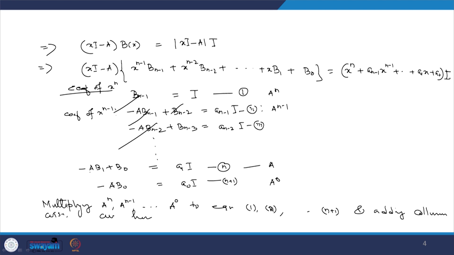So, basically we have 0 equal to A to the power n plus A_{n-1} A to the power n minus 1 plus A_1 A plus A_0 into I. So, this implies that f of A equal to 0. So, this is the Cayley-Hamilton theorem, please.